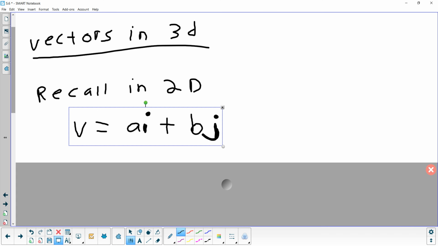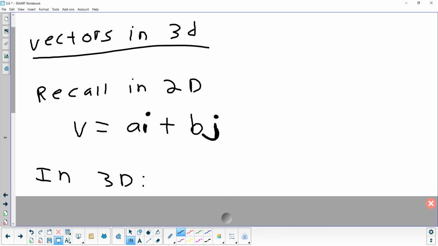Like building blocks. You can stack I's and J's together, and I moves you along the x-axis. J moves you along the y-axis. So by stacking together I's and J's, we can build any kind of vector we want. And if we want to go in different directions, we could use negative I's and negative J's.